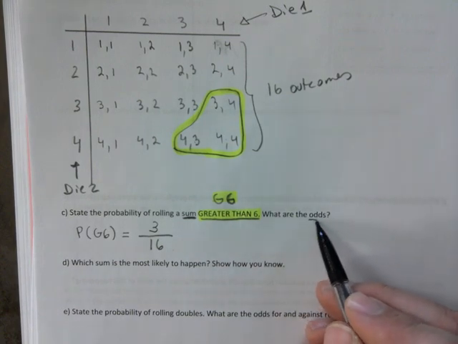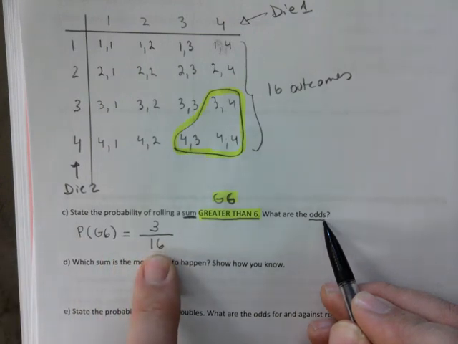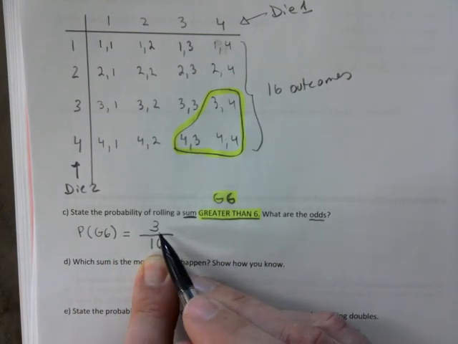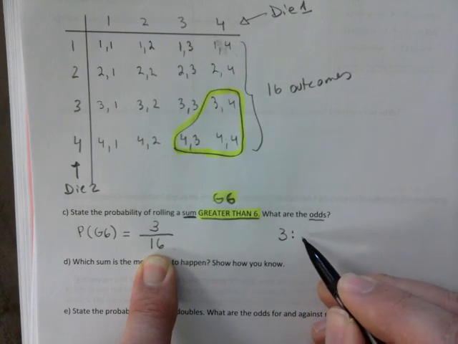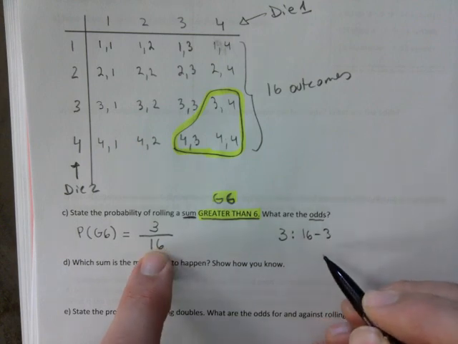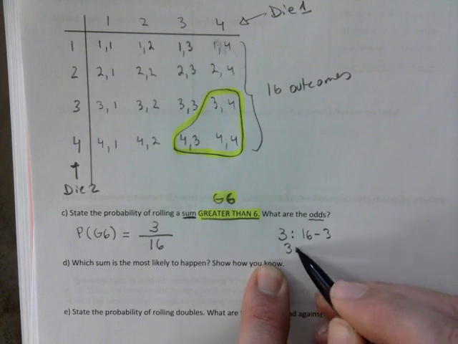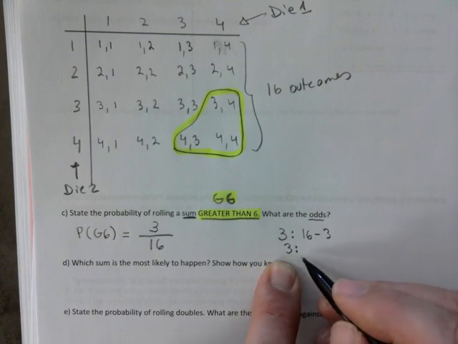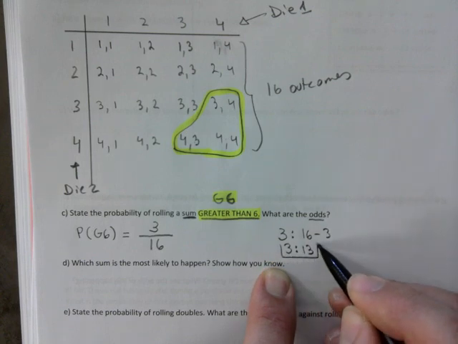What are the odds of greater than 6? Use your probability here. Use this. 3. And on the other side, you go 16 minus 3. You take your total, you subtract what is there. So 3 options give you sum greater than 6, and 13 options do not.